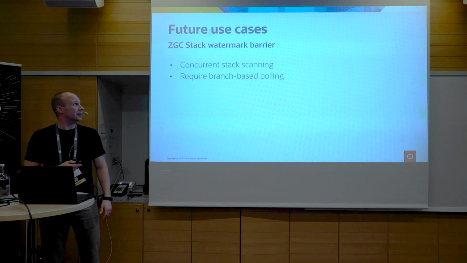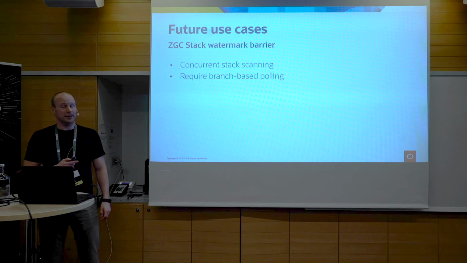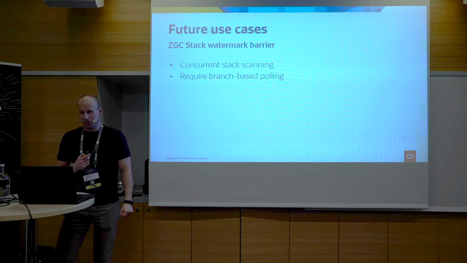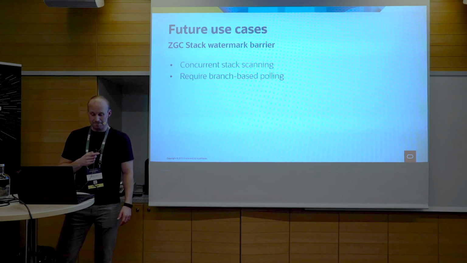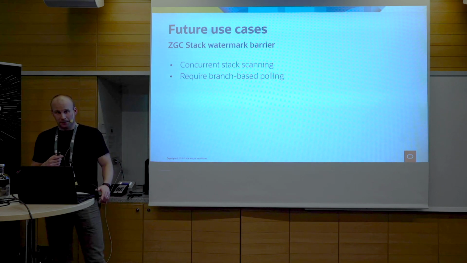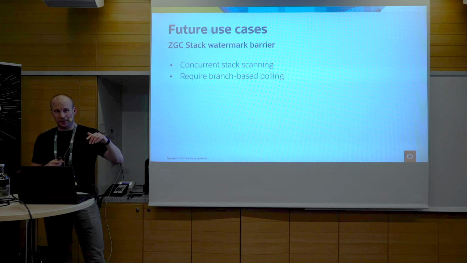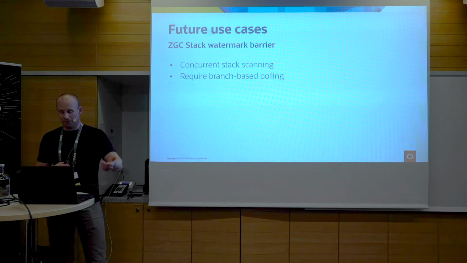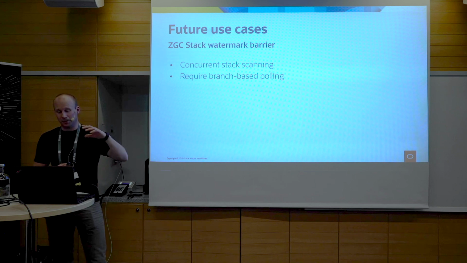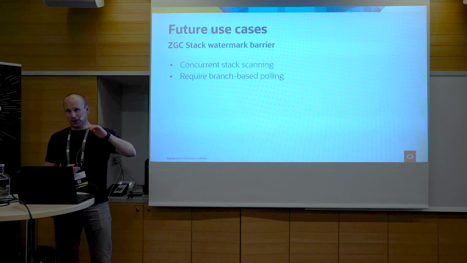This is something pretty cool. It's the ZGC stack watermark barrier, which is being worked on right now. And that means that we're trying to do concurrent stack scanning. So instead of accessing the stack inside a handshake or a save point, we're actually accessing the Java stack while the thread is running.